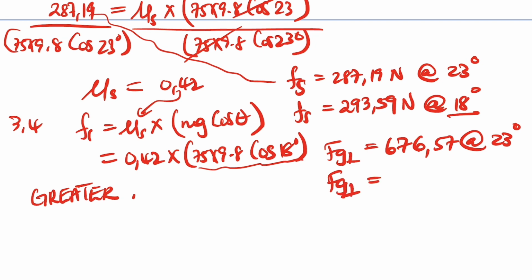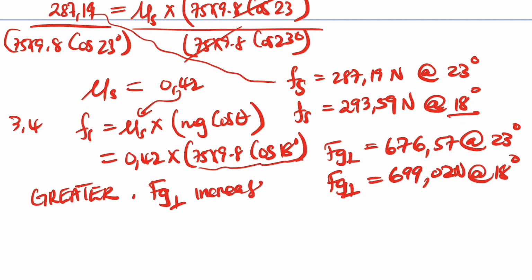Now let's look at the FG perpendicular at 18. At 18, the FG perpendicular has increased to 699.02 newtons. So this is because your FG perpendicular increases.